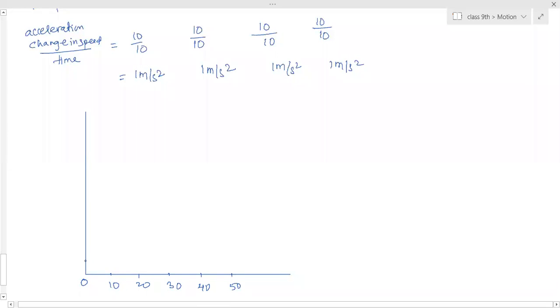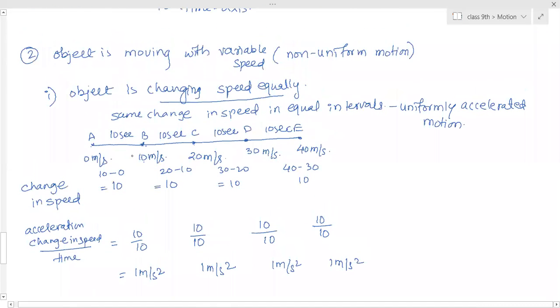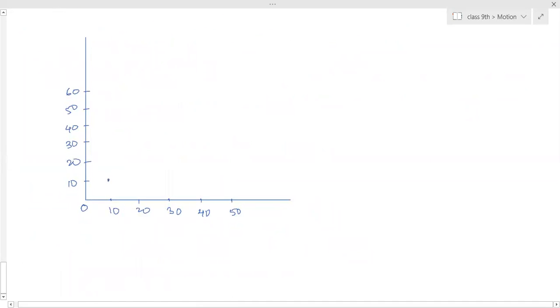On the speed axis, 0, 10, 20, 30, 40, 50, 60. Now in the first 10 seconds, what was the speed? It is 10 meter per second. So 10 and 10, we have to match it and plot the point here.